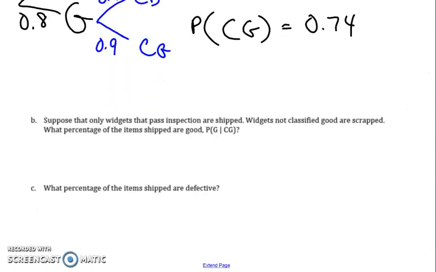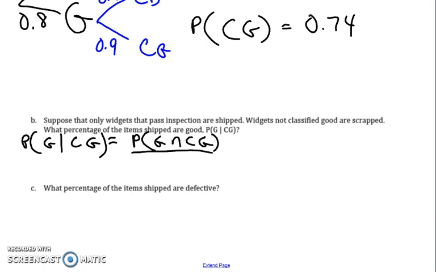Our last example, still using the same tree. So we want to know the probability that it's good given it was classified as good. So remember, that's the and. So good and classified as good divided by the probability that it's classified as good.